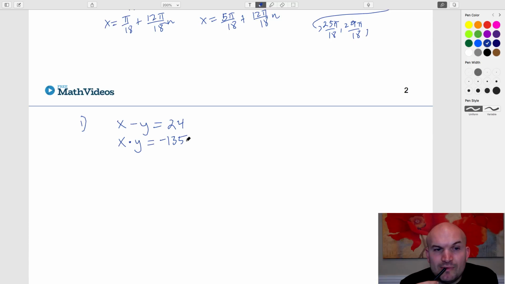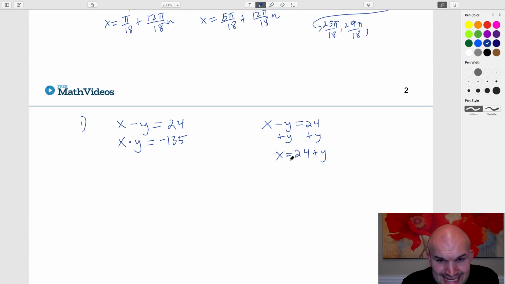Now, what we want to do is solve for one of the variables in one of these equations. Let's take the top equation. It looks like the easiest variable to solve for would be x, because to solve for x, all I need to do is add y to both sides. So I have 24 plus y, right?